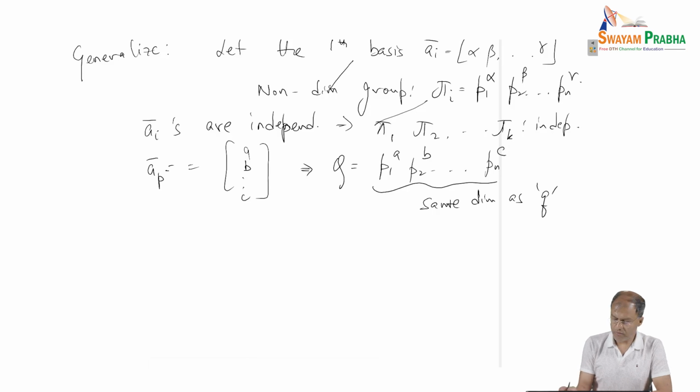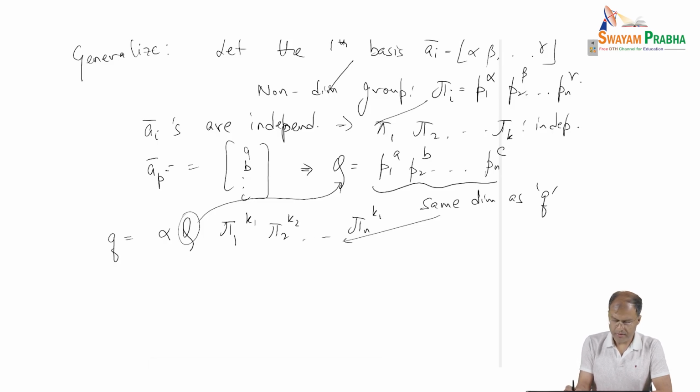What we expect now is that small q is alpha times capital Q, which comes from the particular solution, times the groups pi 1 to the k1, pi 2 to the k2, up to pi n to the kn, where alpha and the k i's are constants.